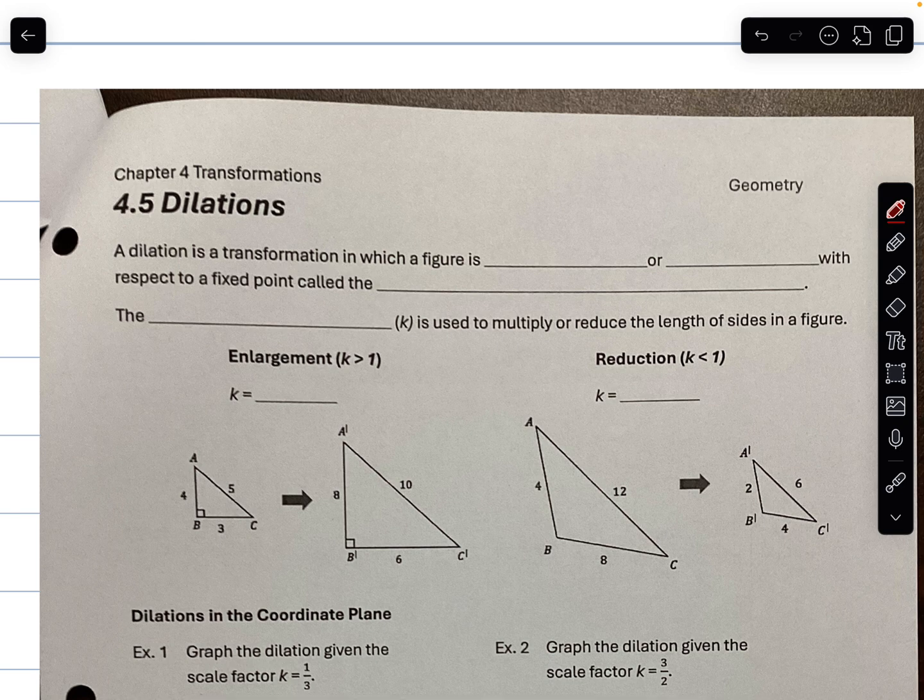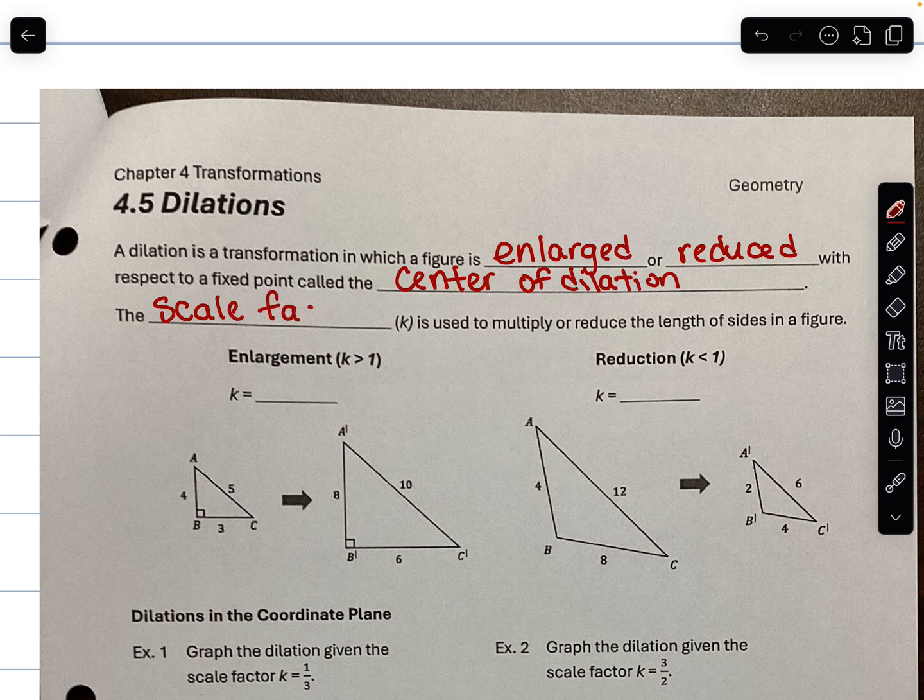So a dilation is another form of transformation in which a figure is enlarged or reduced with respect to a fixed point called the center of dilation. The scale factor, which we call K, that's why they put that K there in parentheses, is used to multiply or reduce the length of the sides in a figure.